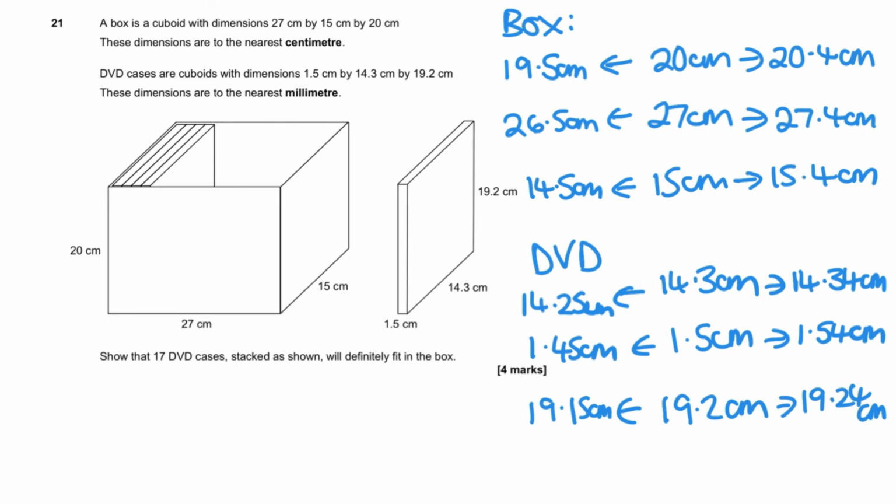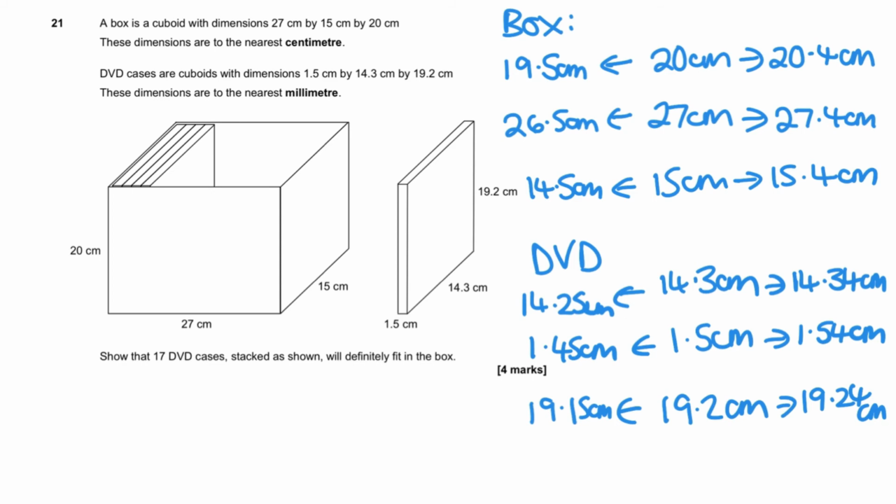So in order to make sure that the 17 DVD cases fit into the box, we need to take the largest possible amount of the DVD dimensions and make sure they're still smaller than the smallest possible dimensions of the box.